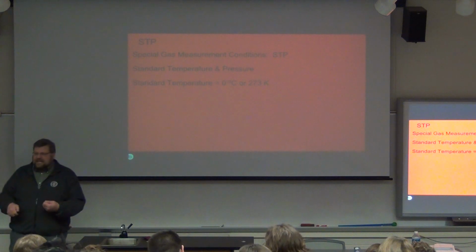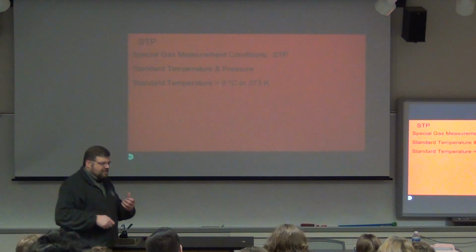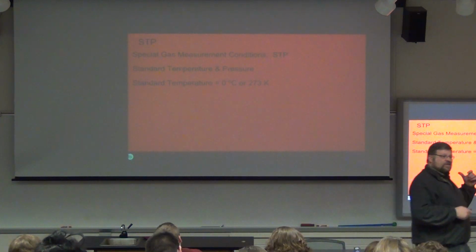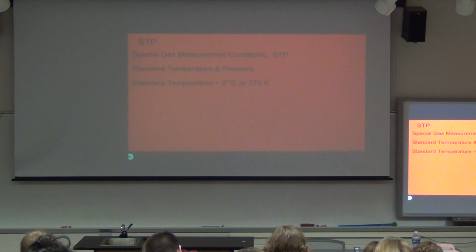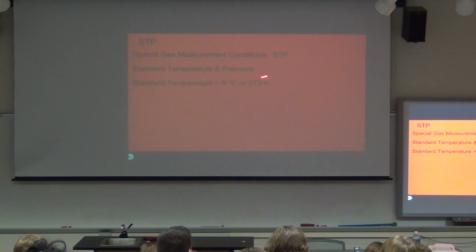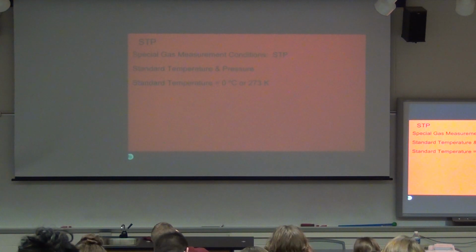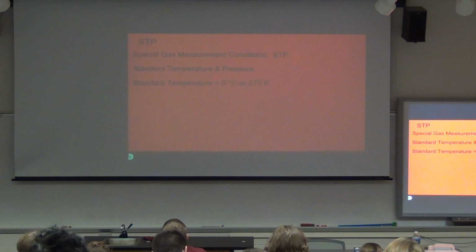Standard temperature, you need to know what standard temperature is. It's 0 degrees Celsius. Or 273 K. 273 Kelvin. Kelvins will become important here in a little bit. I hate Kelvin.